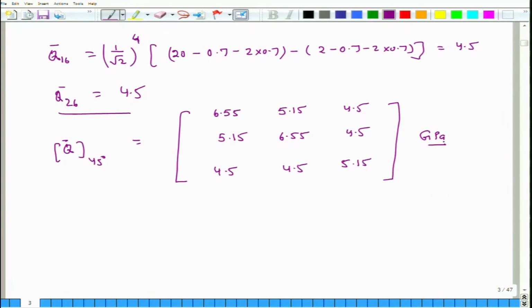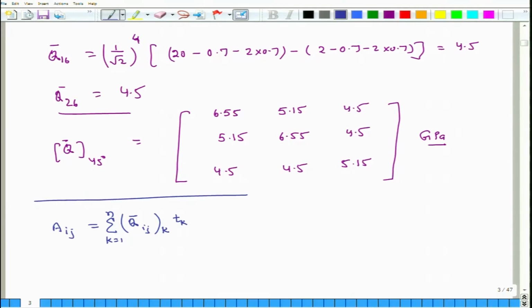So, that is my Q bar matrix for the 45 degree layer, and then we have another one for the 0 degree layer. Next we start computing the A, B and D matrices. The ijth element of the A matrix is the sum from k equal to 1 to n, as we had discussed earlier, of Q bar ij for the kth layer times the thickness of the kth layer.